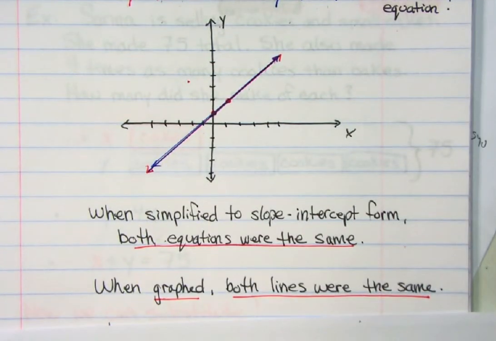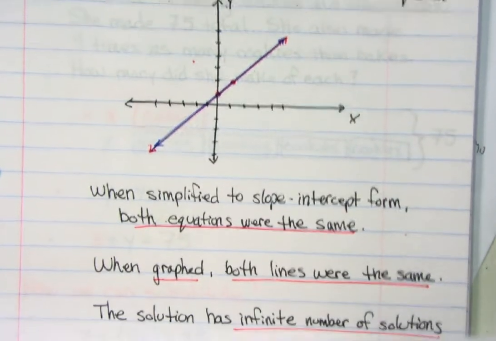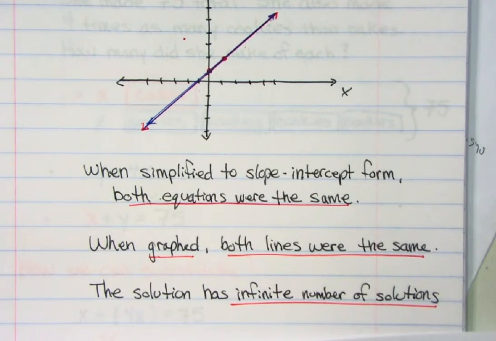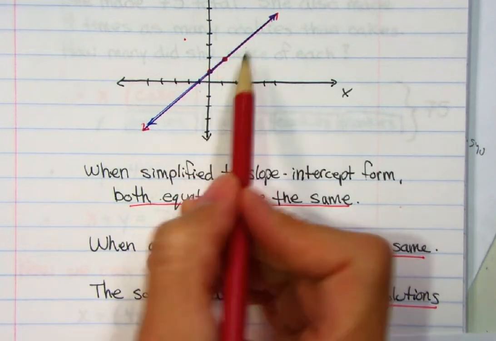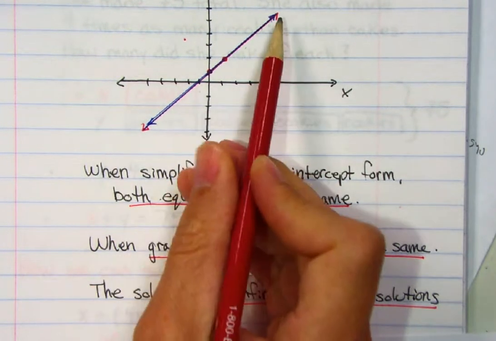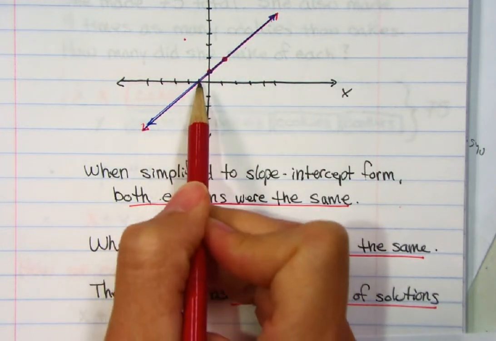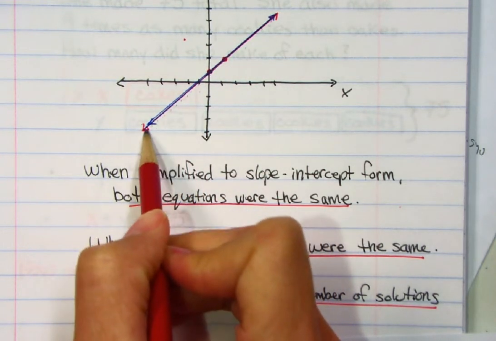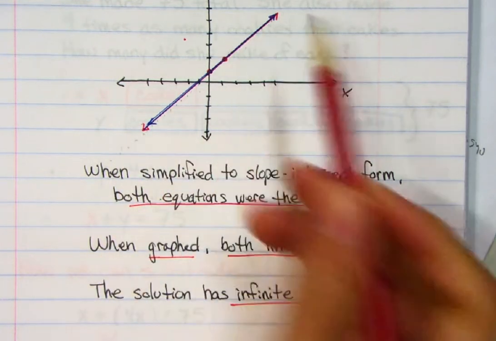When graphed, both lines are the same. There is an infinite number of solutions, because these lines go on forever and have all the points that keep on going.